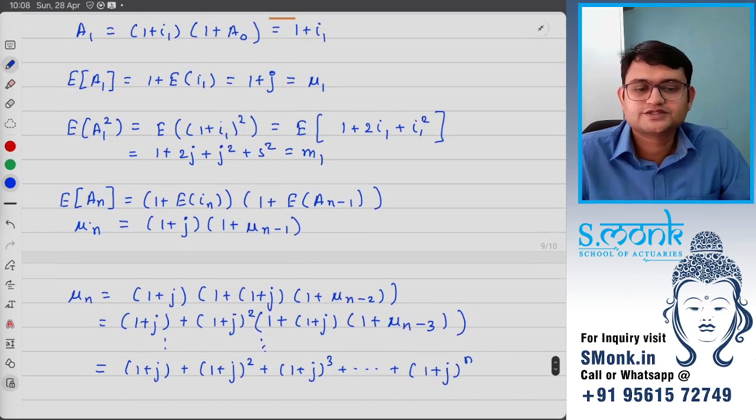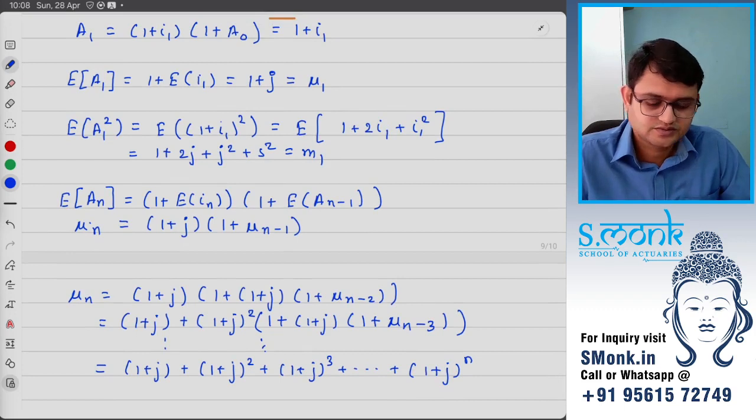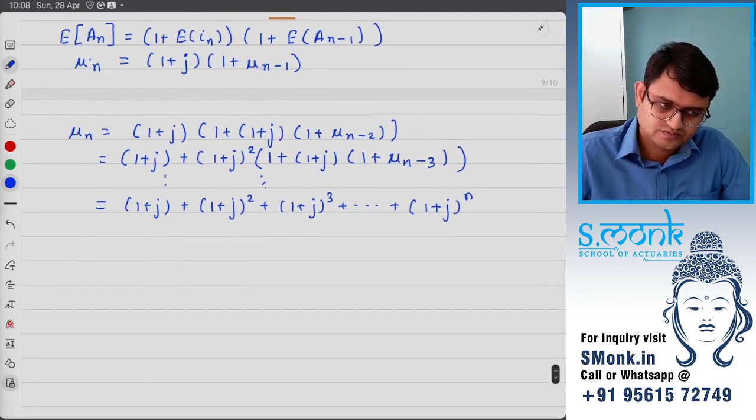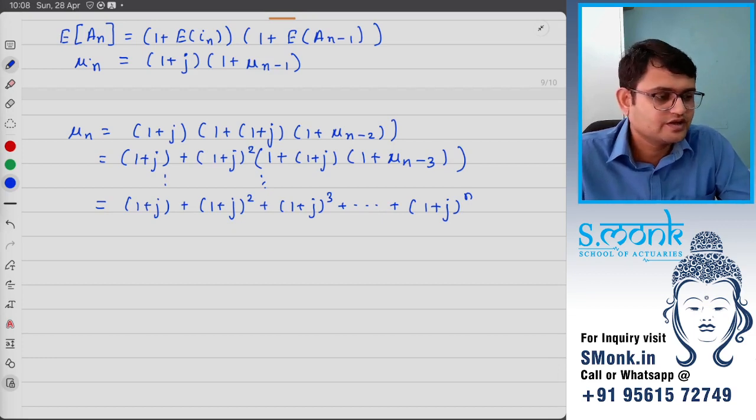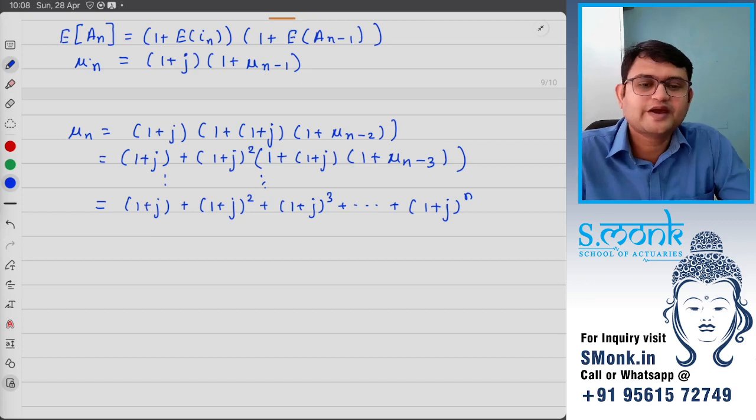What would you call this? Everybody has cleared CM1, and that is why you are studying CM2. So have we seen this pattern in CM1?